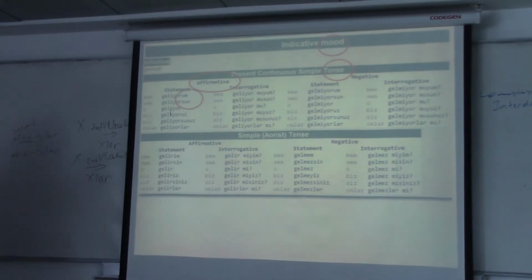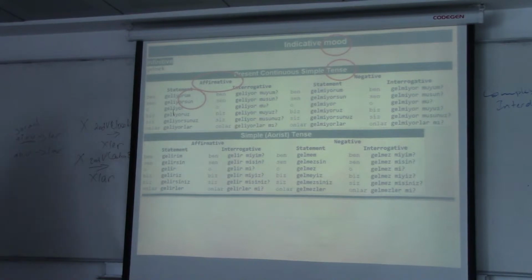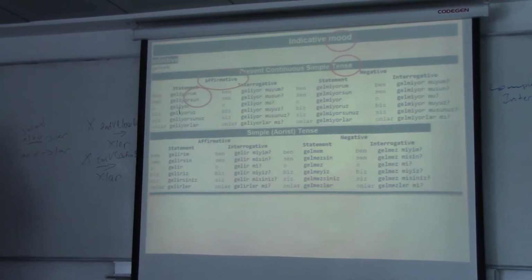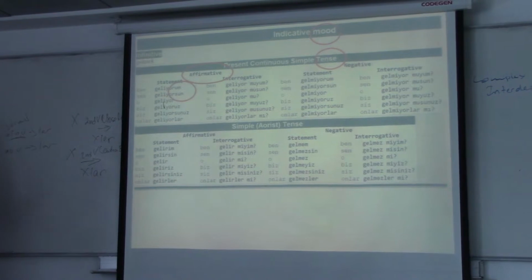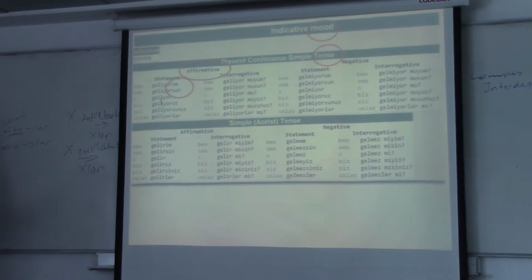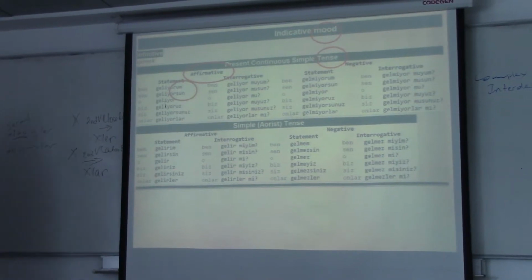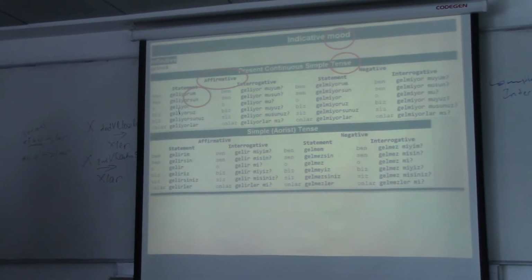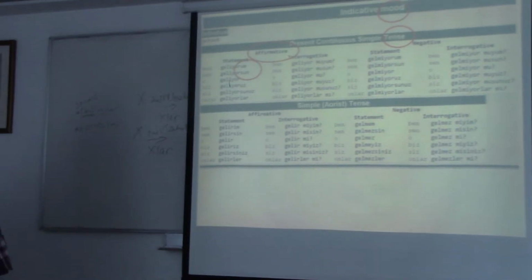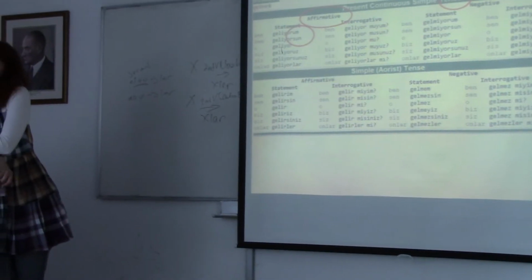Mood is reserved for when you really change the illocutionary act. So imperative against declarative. Okay, that's mood.